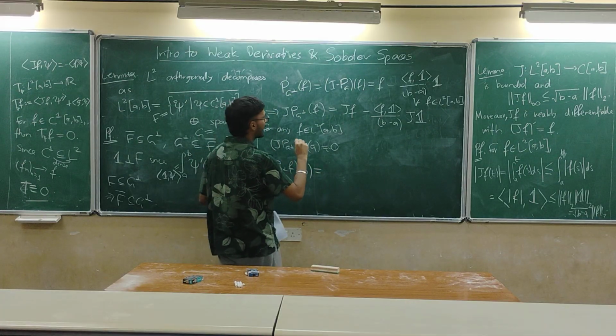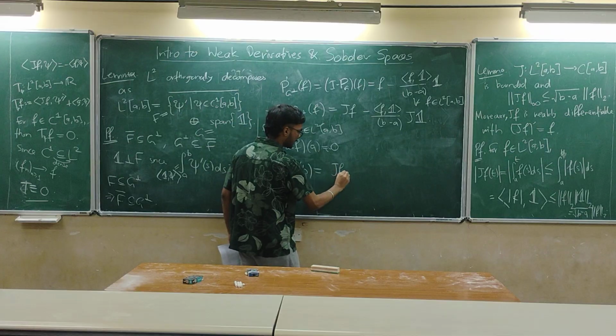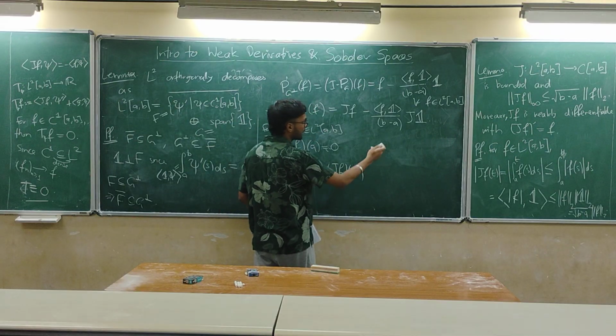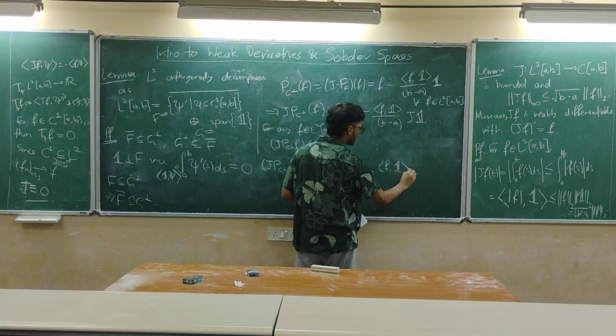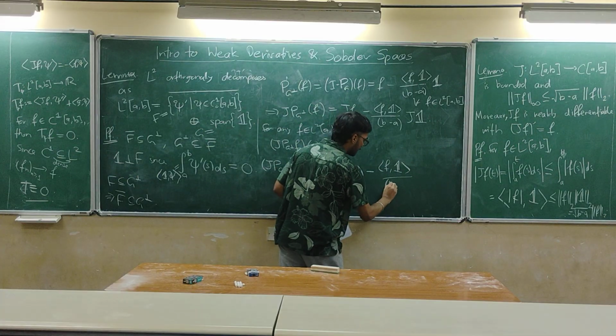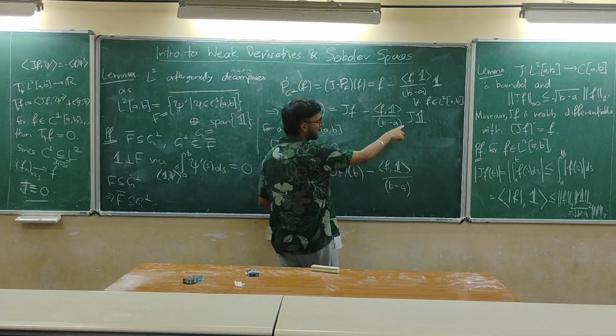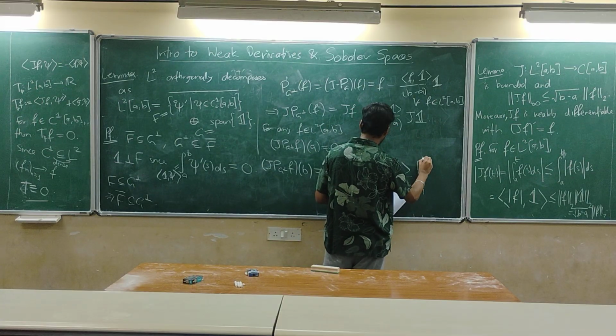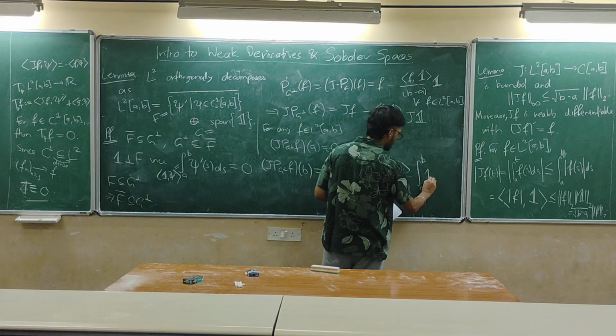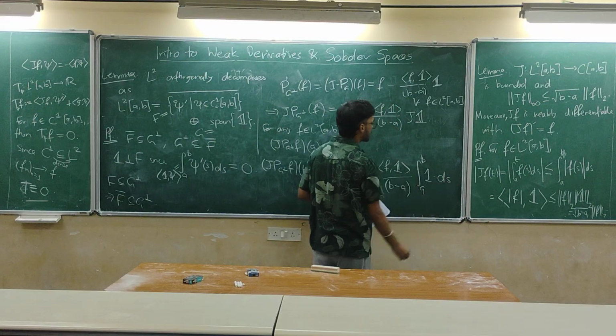I can write it as J f of b minus f with the identity, b minus a, and this if I write it down as an integral is basically the integral from a to b of 1 ds.